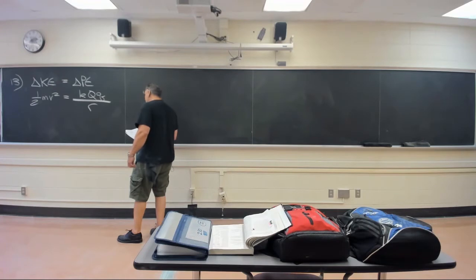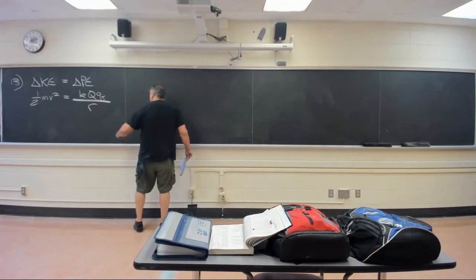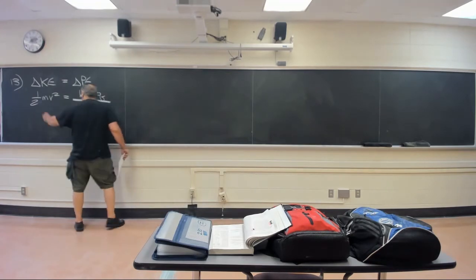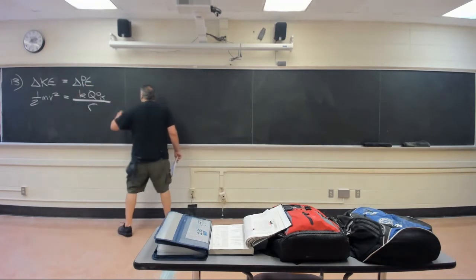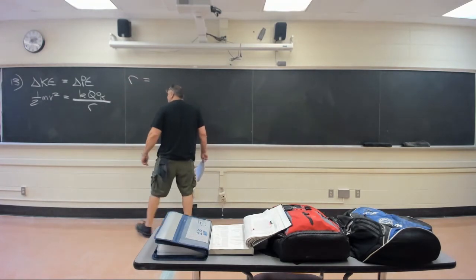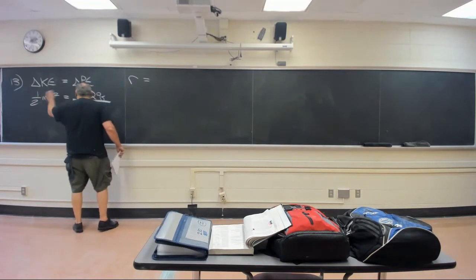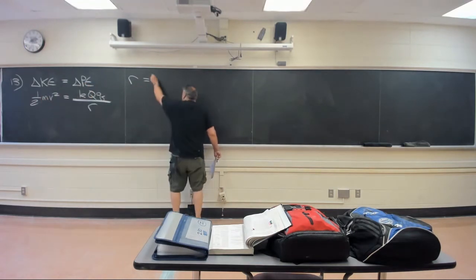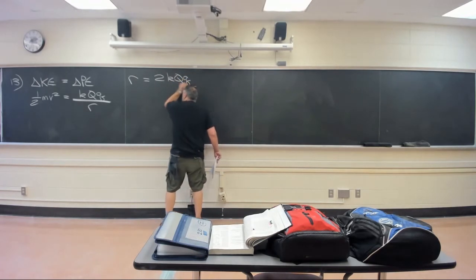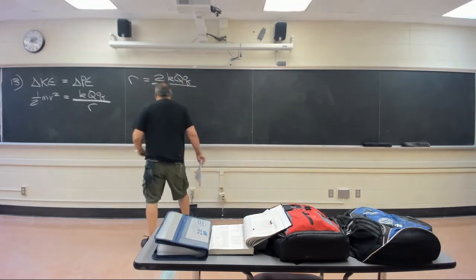Let's just solve for r. Multiply by r on each side, then multiply by 2 on each side to get rid of the half, then divide by mv squared.